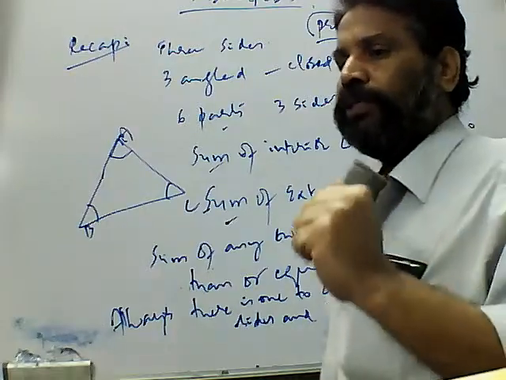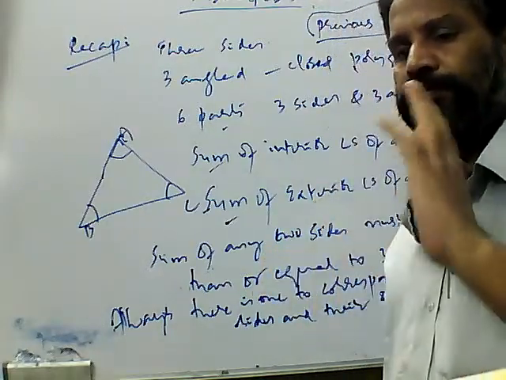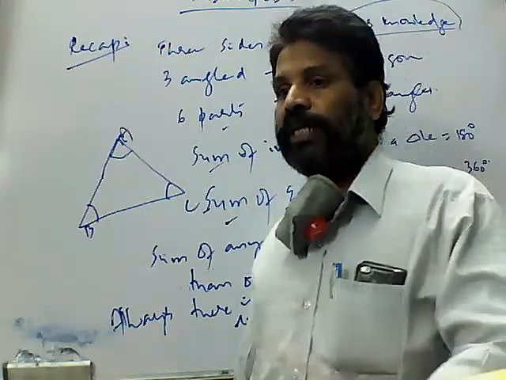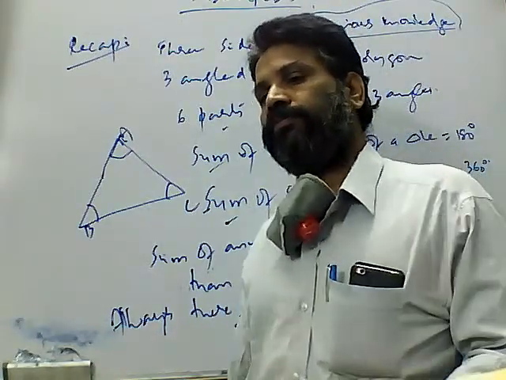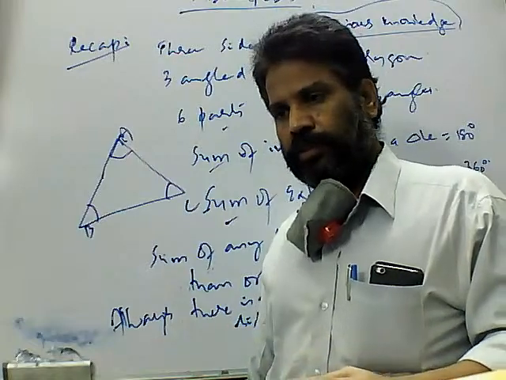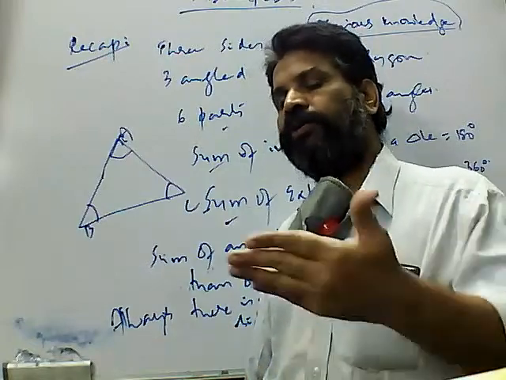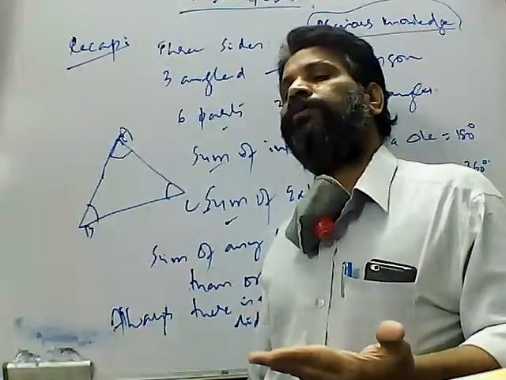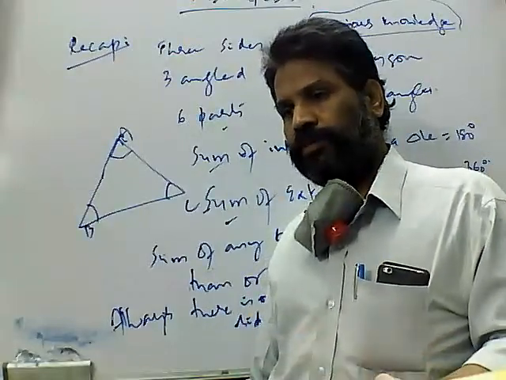Sometimes what happens, you may have same shape but not size. Sometimes you may have same size but not shape. I think you understood the difference, right? Same shape, you can imagine with regular visualization of certain examples.